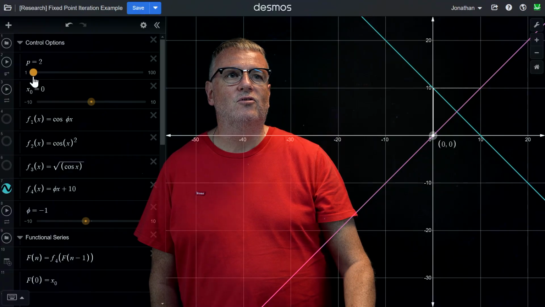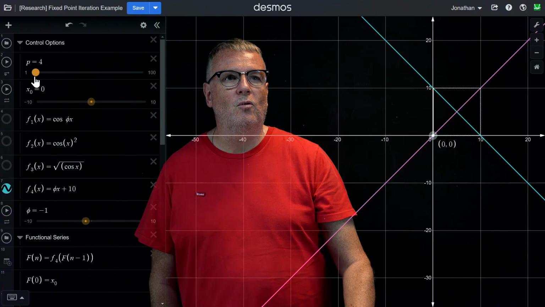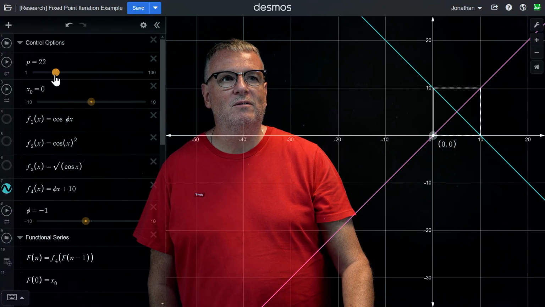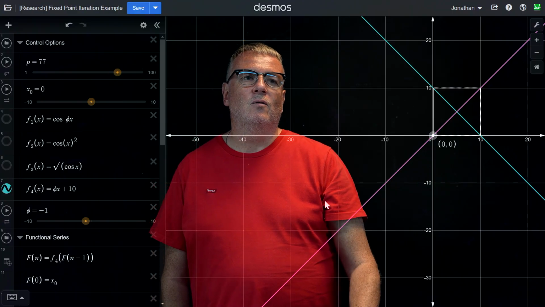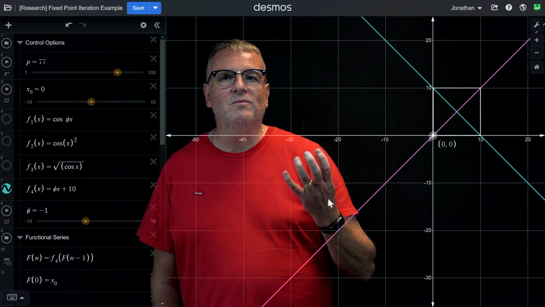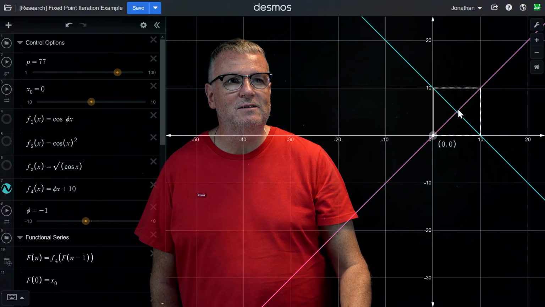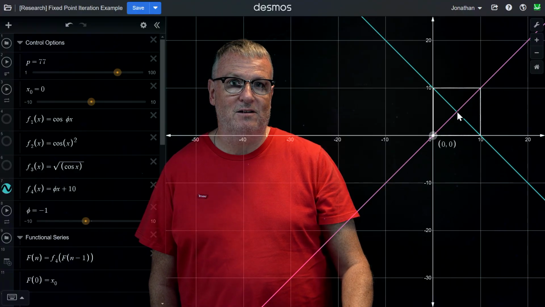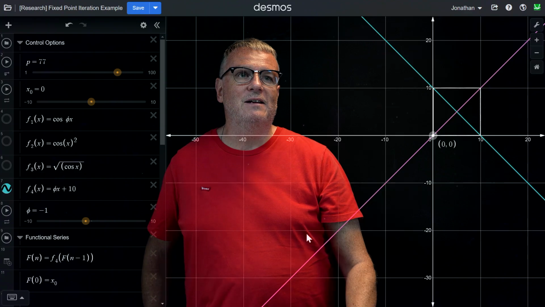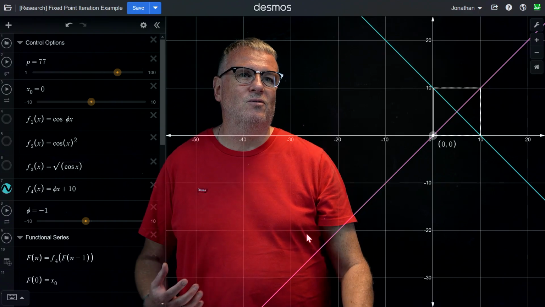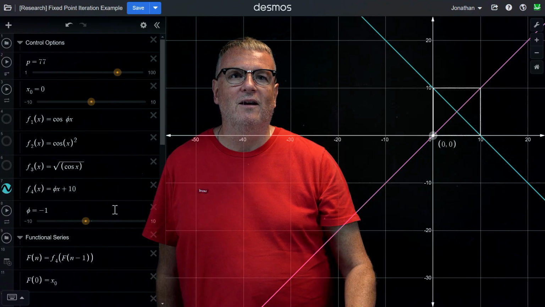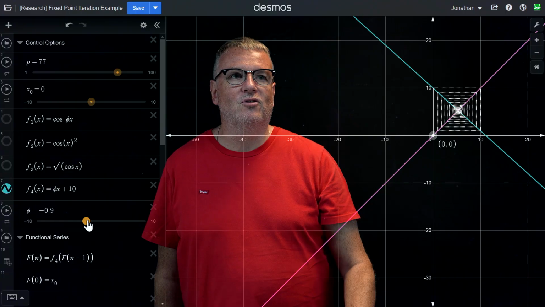Now when I start, my well starts to get formed and we go round in a square, and the next time it goes round in a square and round in a square, and it's not sucking in the lines to find the solution where there is a solution. In this case, it's just locked in, it's in orbit, if you like, and it's not able to find a solution.